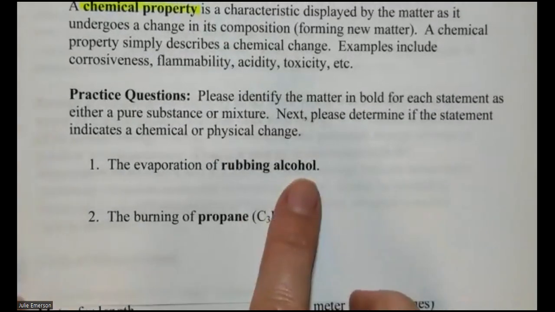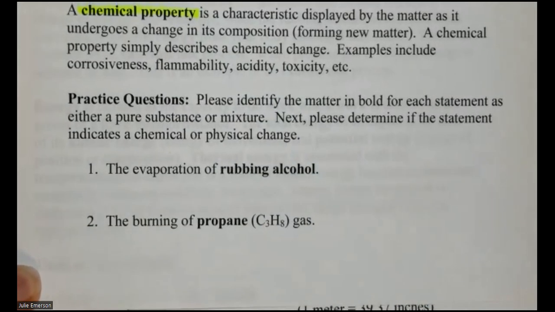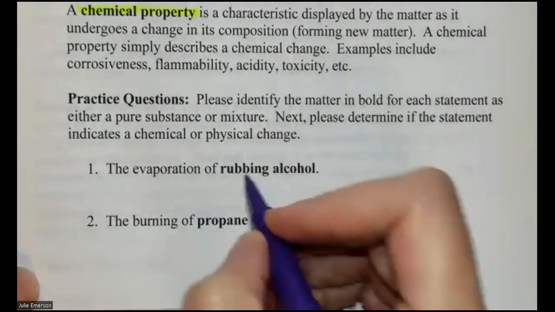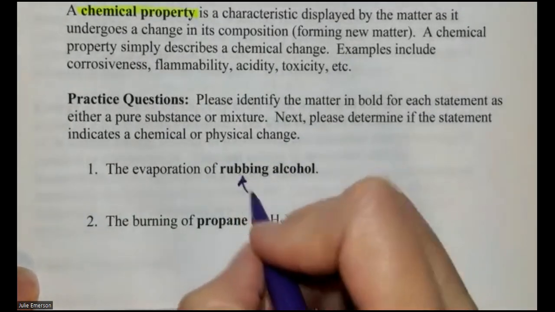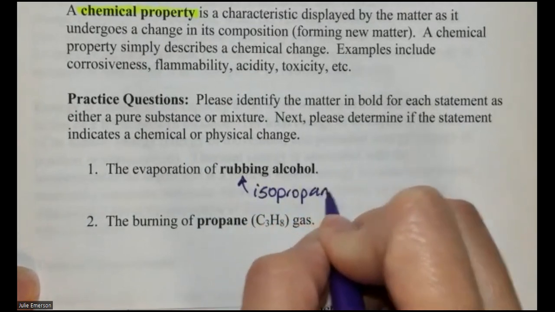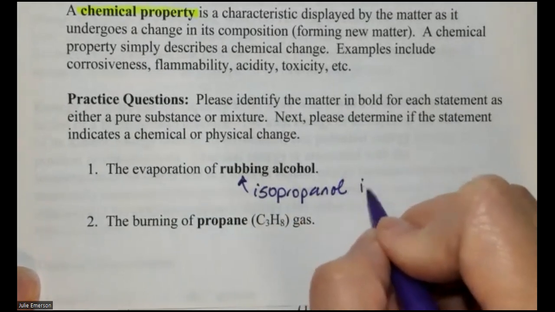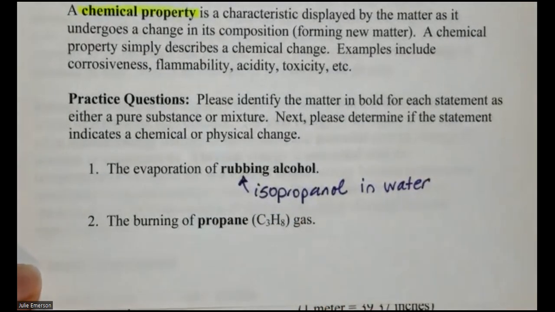This may not be super familiar, but rubbing alcohol is a solution of the alcohol with water. It's called isopropanol. If you're not familiar, when you buy rubbing alcohol at the store, it is isopropanol, and that's not a name that you need to remember, but it's in water. And because we have two things mixed together, we know that it's a mixture.